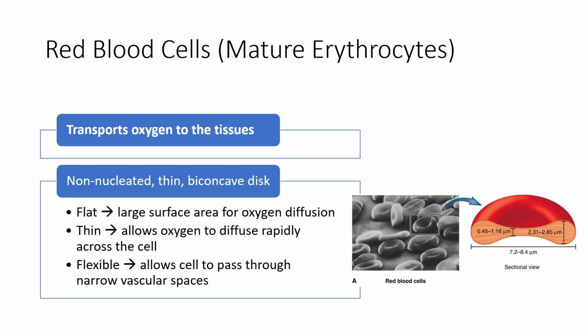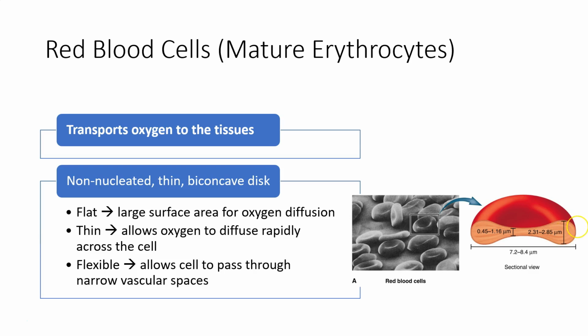The red blood cells are the most common type of blood cell. A mature red blood cell is called an erythrocyte. It's a non-nucleated biconcave disc, and this unique shape of the red blood cell contributes two different ways to the oxygen transport function that is the primary function of the red blood cell.